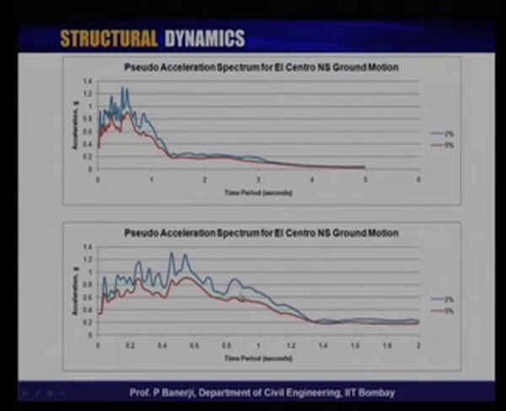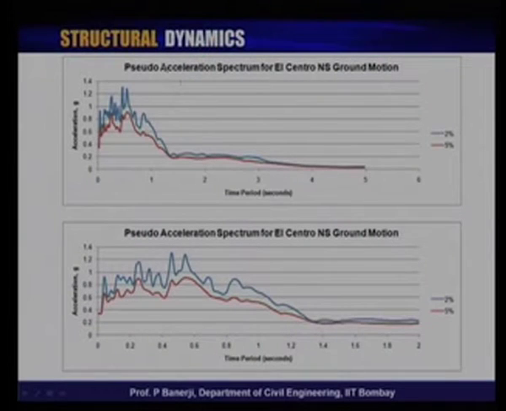It is the same thing, except that I am taking this part and showing it a little larger. And something very interesting here is that the acceleration has a specific role to play. Note that this is the pseudo acceleration spectrum across time period for different values of xi.